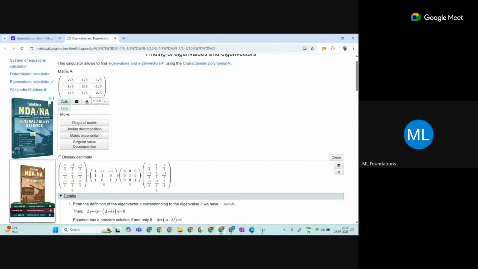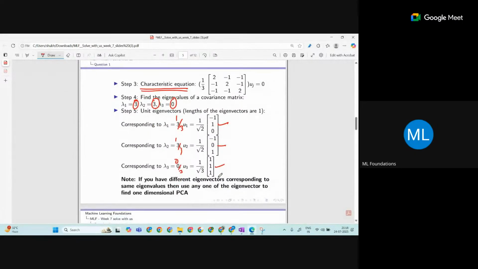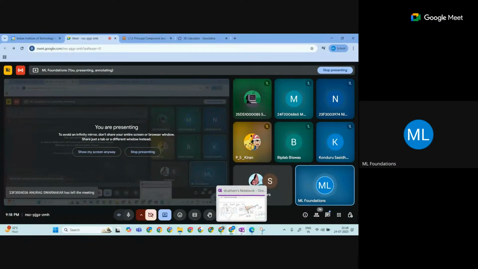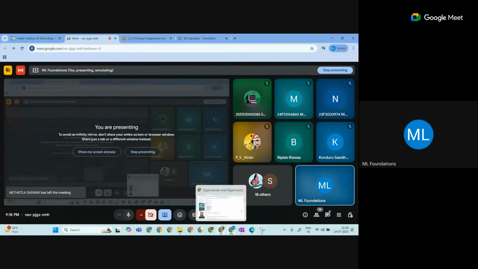This is not provided in the exam, so this is to verify yourself. Okay, so this is how you calculate the eigenvector and eigenvalue. Here the proper steps are also written. That's why I'm not suggesting it from my side, but I'm just giving you the idea that you can verify each time.